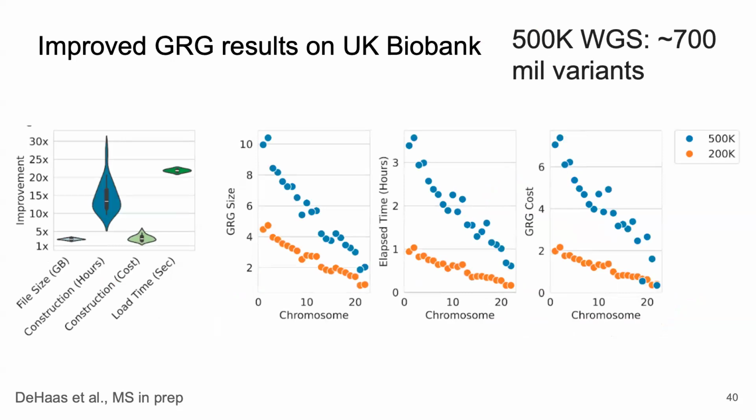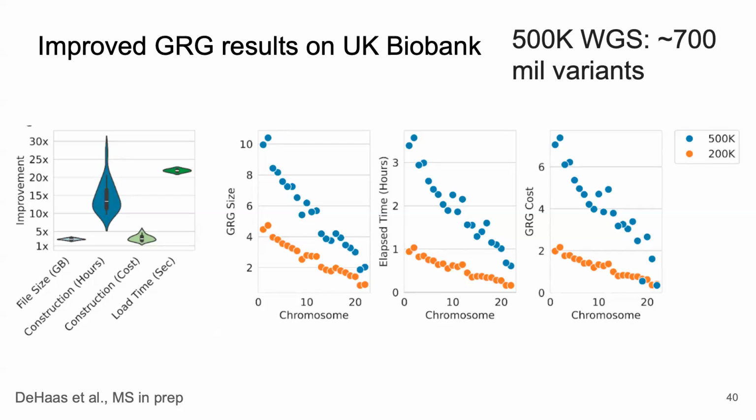So how much does it improve compared to our previous algorithm, which relied on building trees and combining trees? Overall, the construction time is improved more than 10 times. Construction cost is also improved, and the graph loading time has also been improved in this newer version.